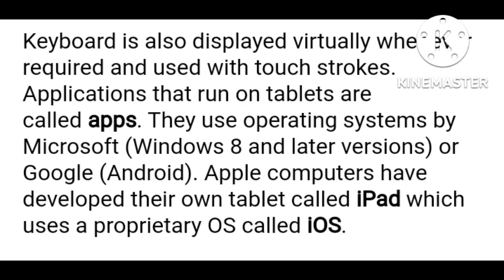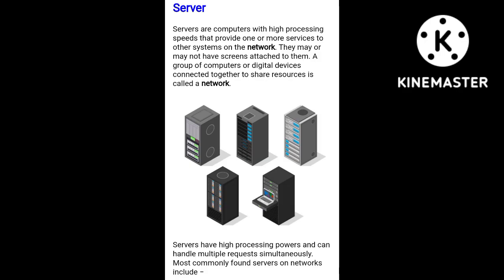Keyboard is also displayed virtually whenever required and used with touch strokes. Applications that run on tablets are called apps. They use operating systems by Microsoft, Windows 8 and later versions, or Google, Android. Apple computers have developed their own tablet called iPad, which uses a proprietary OS called iOS.